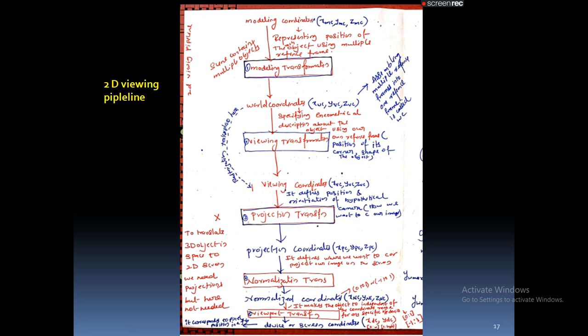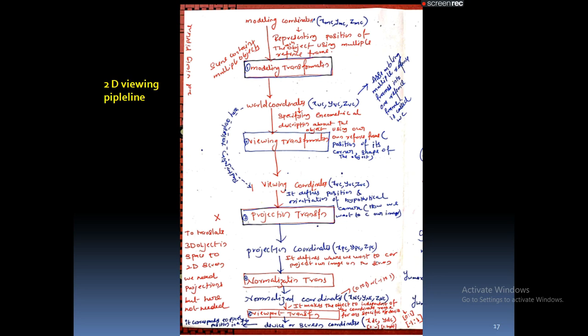So I will repeat. Assume that we have one two-dimensional image. Whenever we want to create and display a two-dimensional image or three-dimensional image on the screen of the monitor, we need to perform a series of transformations, like modeling transformation, viewing transformation, projection transformation, normalization transformation, viewport transformation.